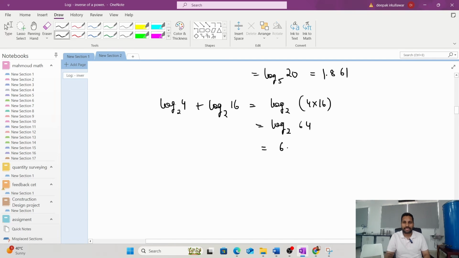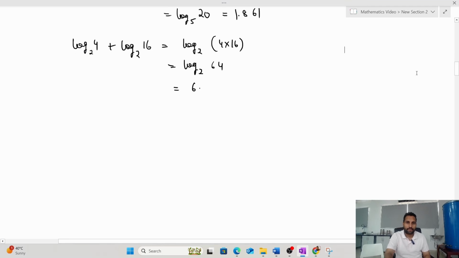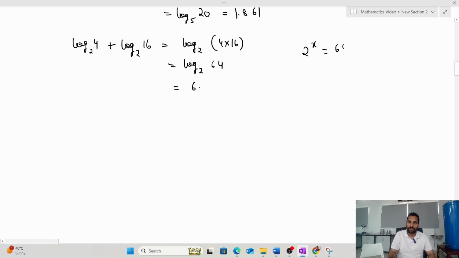Why 6? Because 2 to the power of what is 64? 2 to the power of 6 is 64. So that means your x is 6.